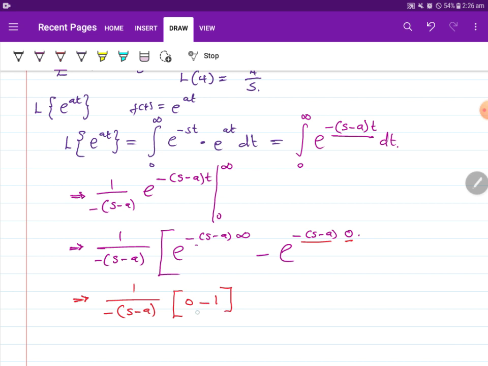So the bracket gives us minus 1. Multiplying this minus with what is there, I have 1 over s minus a.